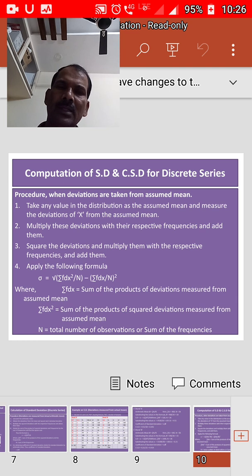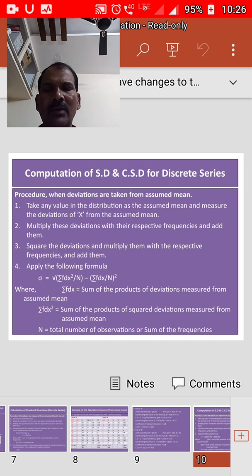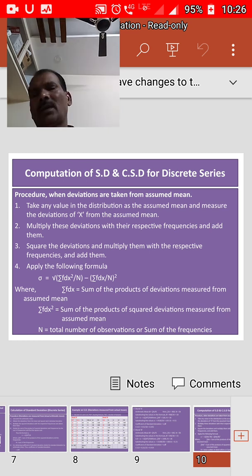Sigma fd square by n minus sigma fd by n whole square, where sigma fd square is equal to the sum of the products of squared deviations taken from assumed mean and frequencies.